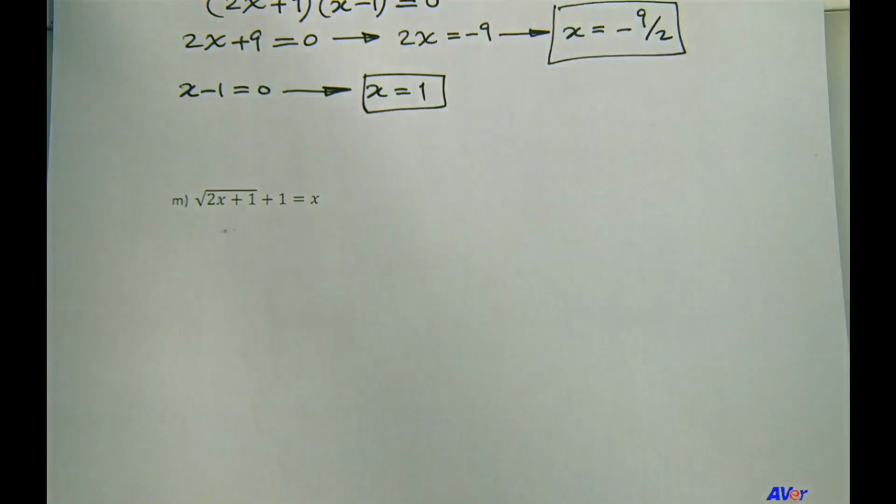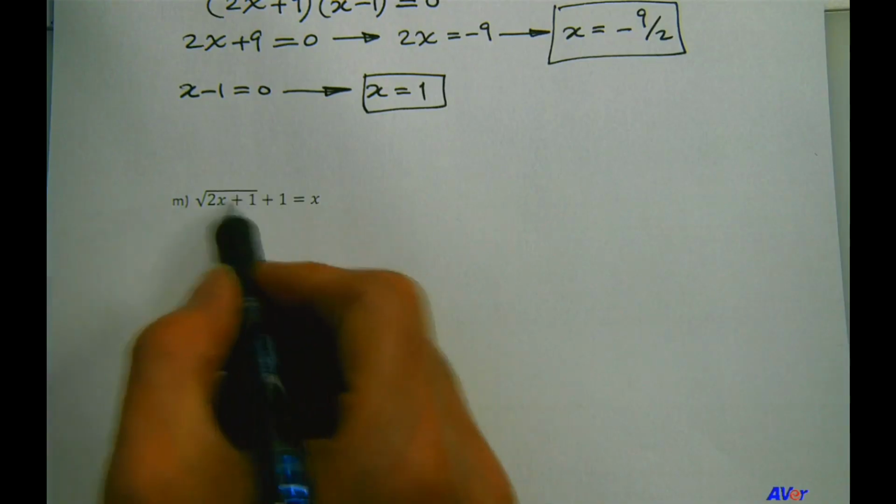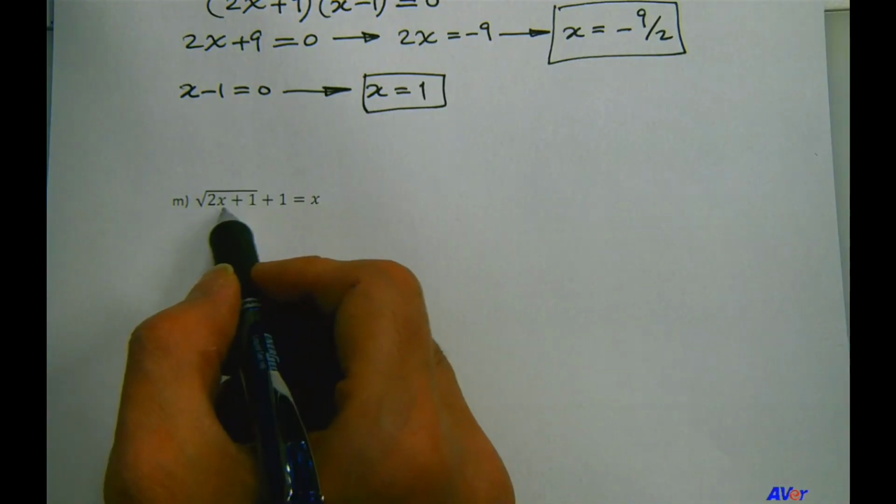Okay, so now we get to equations that have one radical expression in them. So the question is, how do we solve for x when we have radical expressions? One thing is, a radical expression is also a grouping symbol.